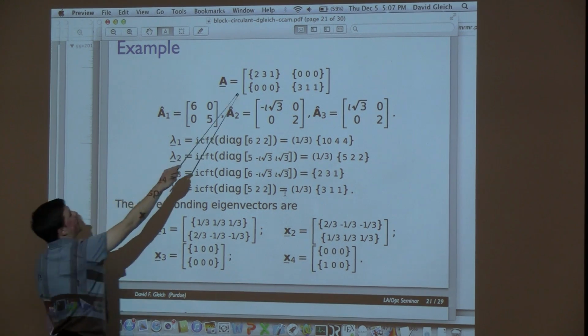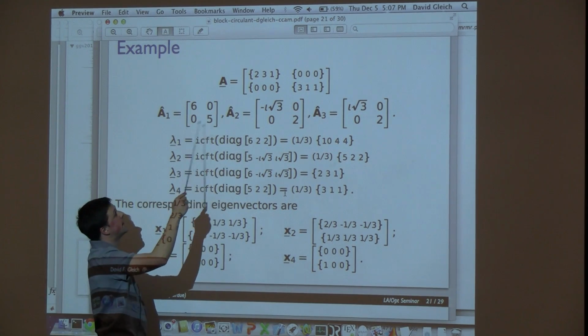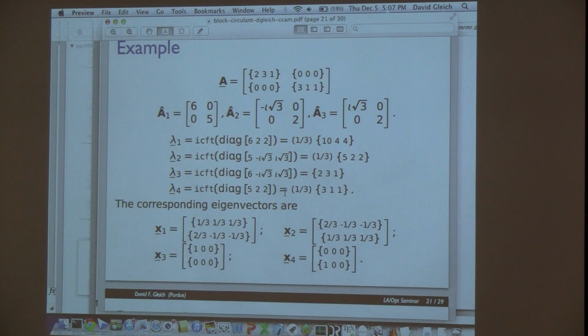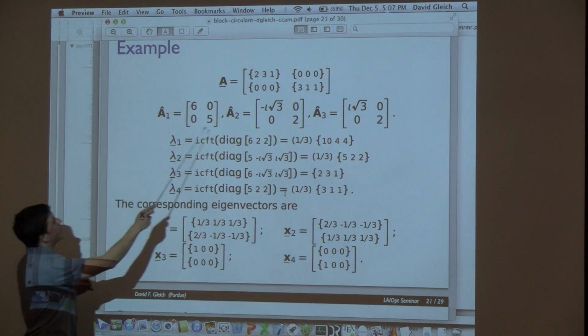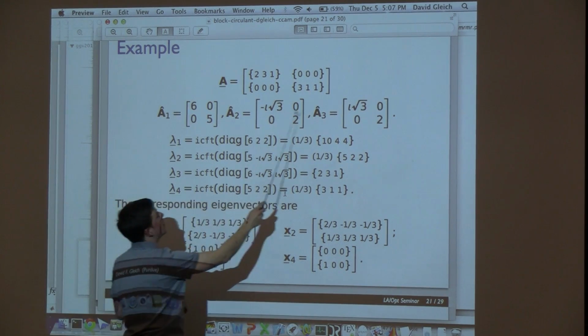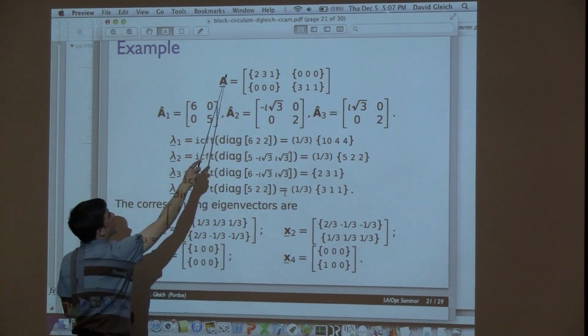So if we take this matrix and look at its CFT, everything here is an element of K3. So we're going to get a block diagonal matrix now, where every block is 2 by 2. So these are the Fourier coefficients of this matrix.